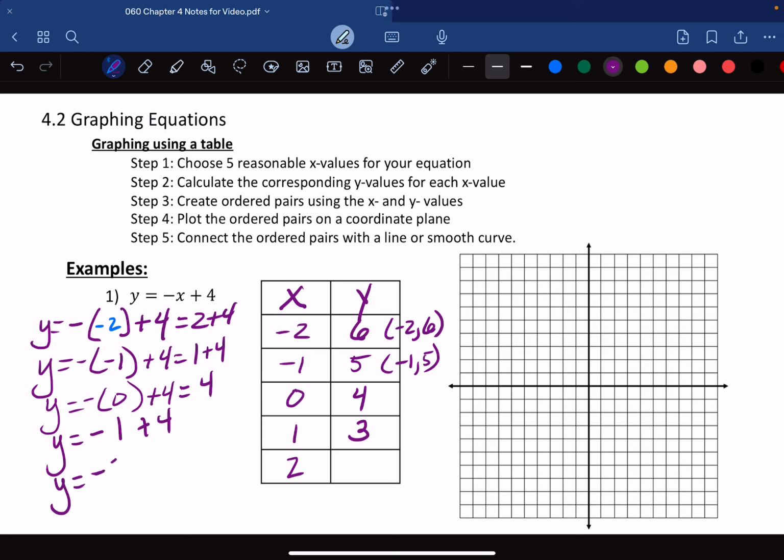And I can graph them. Looks like my largest number is 6, so I'm actually going to add some tallies here to make my graph a little bit zoomed in.